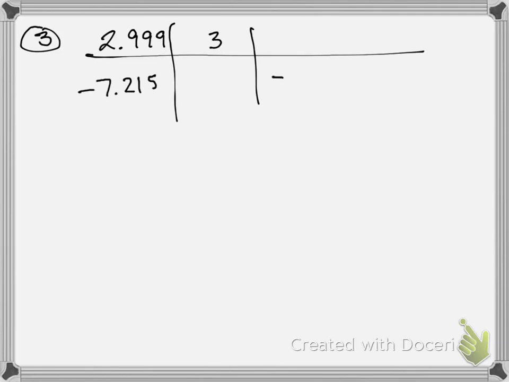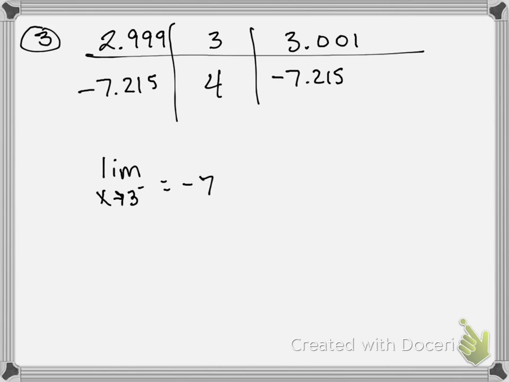So always ask the question, does the limit from the right-hand side match the limit from the left-hand side? As we approach from the left, what does it equal? Negative 7.215. What's the limit as we approach 3 from the right?